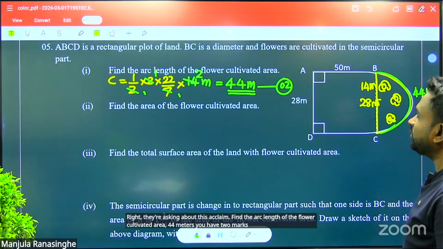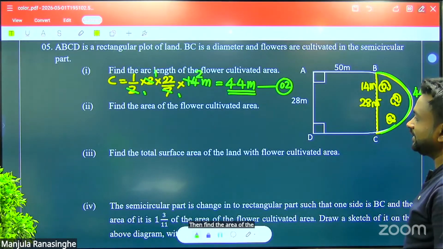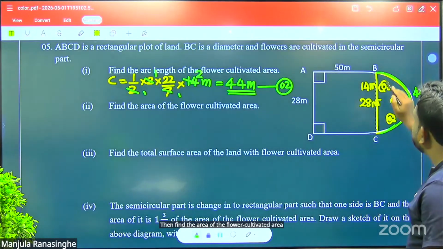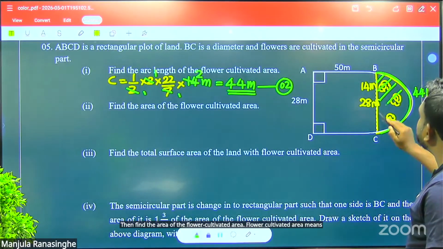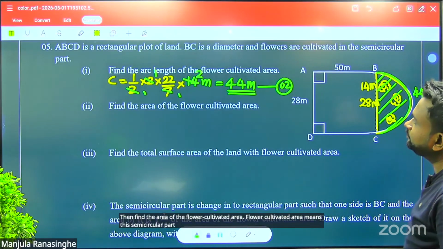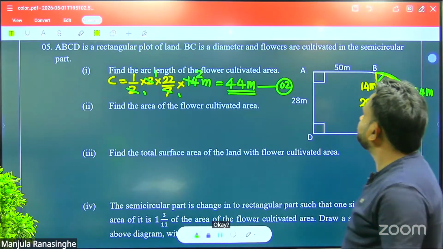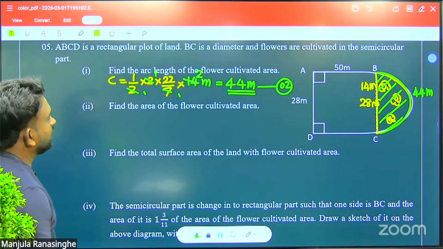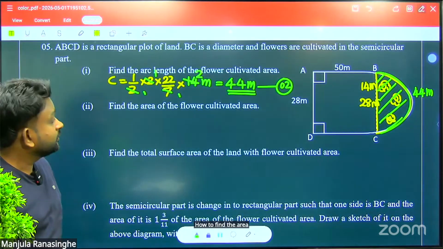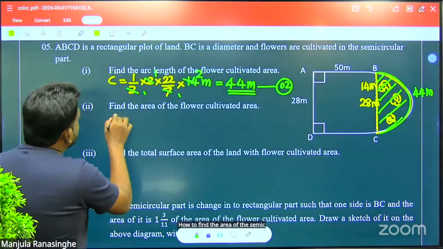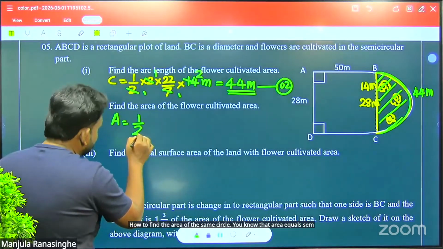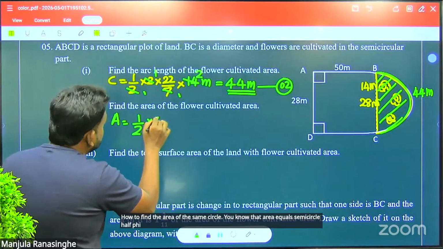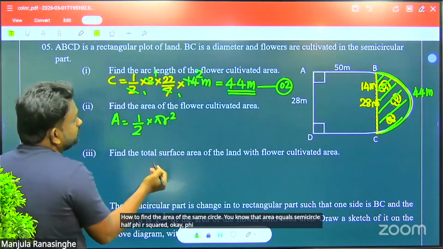Then find the area of the flower cultivated area. The flower cultivated area means this semicircular part. How to find the area of the semicircle? You know that the area of a semicircle is half πr squared. This is the formula.